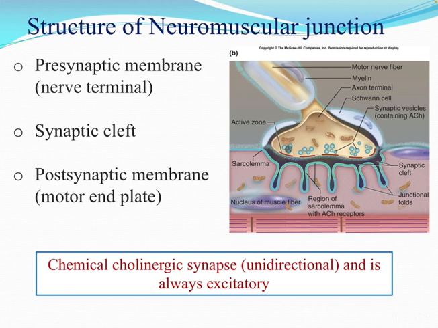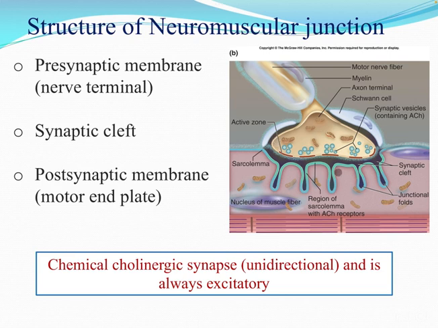It contains vesicles containing the neurotransmitter acetylcholine. It is also covered by the glial cell, that is the Schwann cell, and the nerve terminal membrane has a large amount of voltage gated calcium channels.